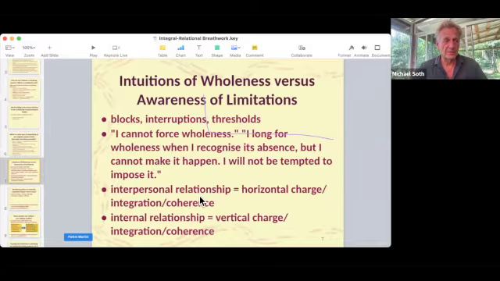And if you're the breath worker or therapist working in a relational way, then you've got these two areas to pay attention to. What we can call the horizontal charge, which is between the two of you, and the vertical charge inside the client. You're paying attention to the horizontal charge, or you could call it the sense of integration, wholeness, coherence between the two of you in the contact, as well as the sense of vertical charge, integration, internal coherence, internal sense of wholeness that appears to be happening, manifested via the breathing.